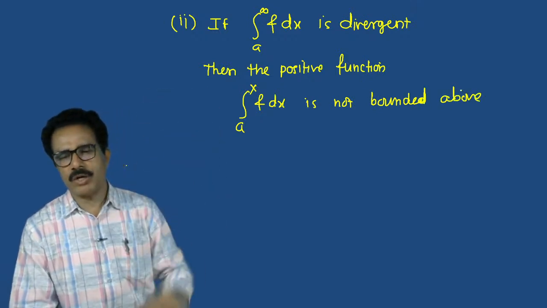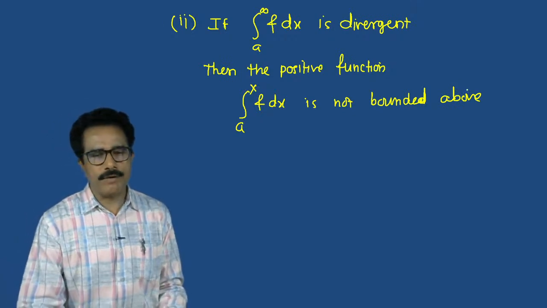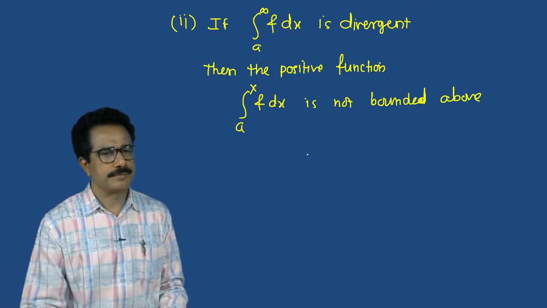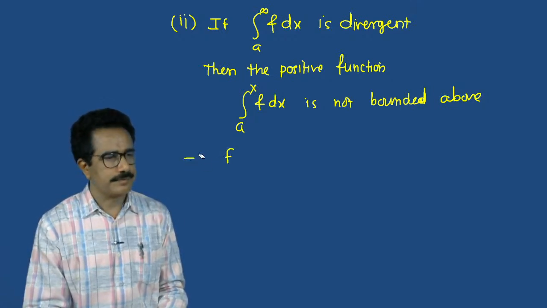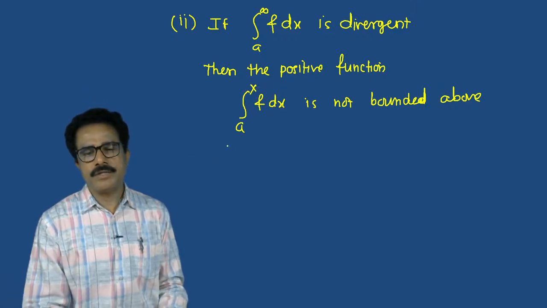Divergent means not bounded above. Therefore, this implies that from 1 it is not bounded above.